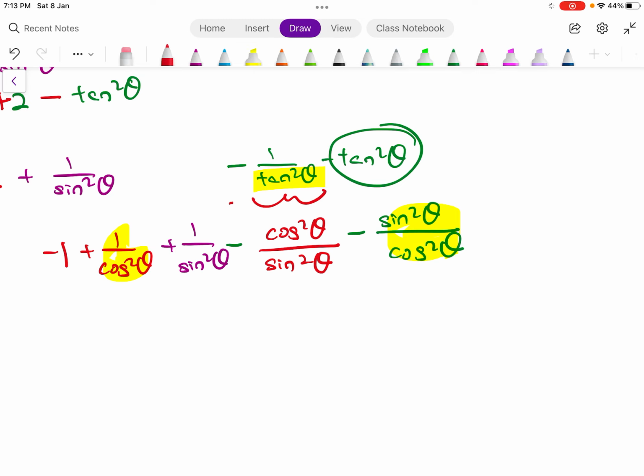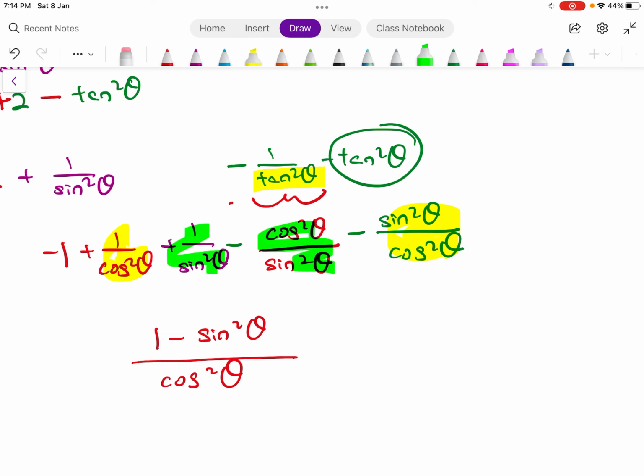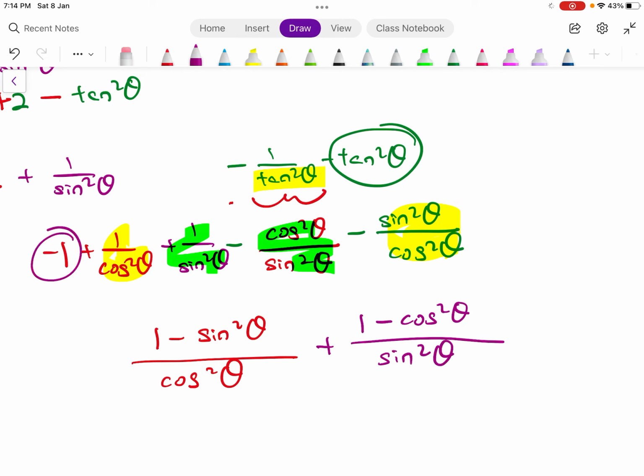So this is 1. Let's add 1 minus sine square theta over cosine square theta. Then I combine this with this: plus 1 minus cosine square theta over sine square theta. Then don't forget your minus 1 here.